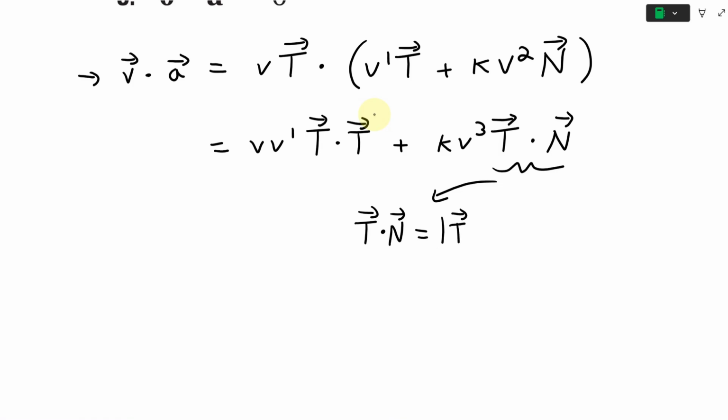The magnitudes of the unit vectors are just 1, and then cosine of pi over 2, because they are at right angles to each other.